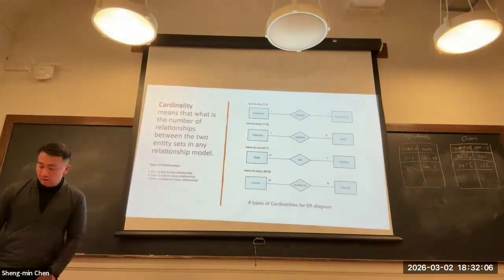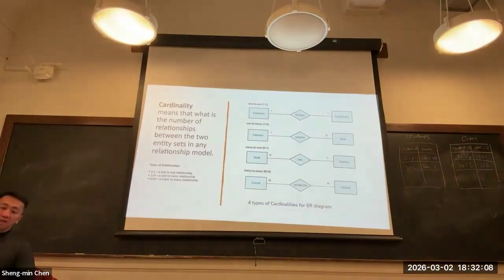So let's look at these 4 examples. Employees and departments. Okay, so one-to-one relationship here. An employee manages a department. Let's say if there's only one boss.